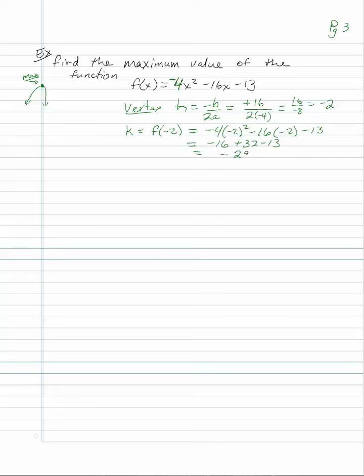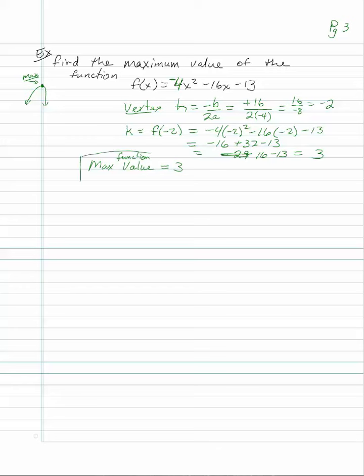Let's see, wait a minute here. That's positive 16 minus 13, which is 3. Sorry. So this has a maximum value of 3. Again, the y-coordinate is 3. Maximum function value.